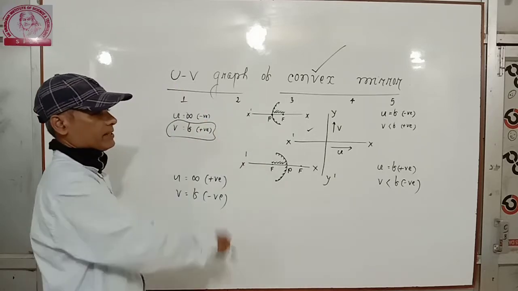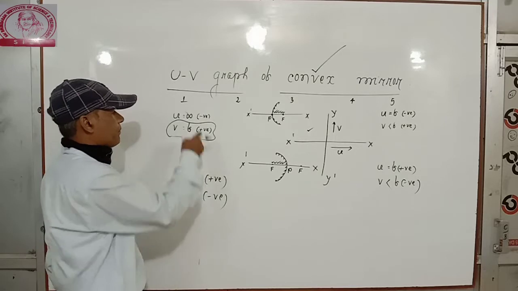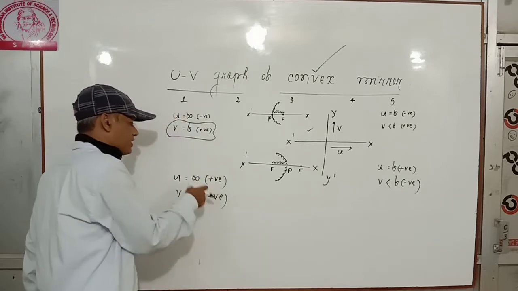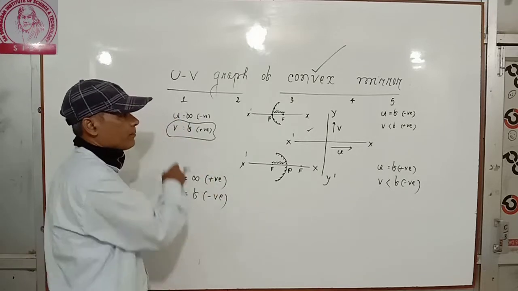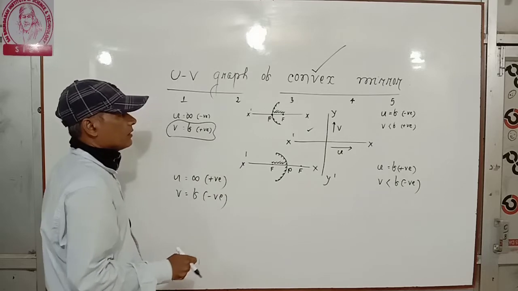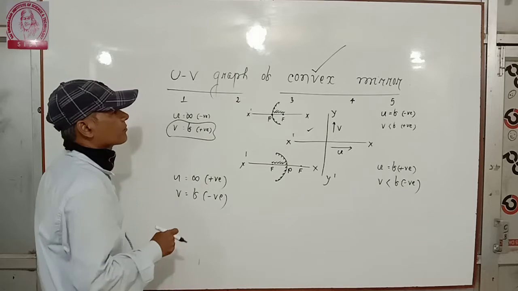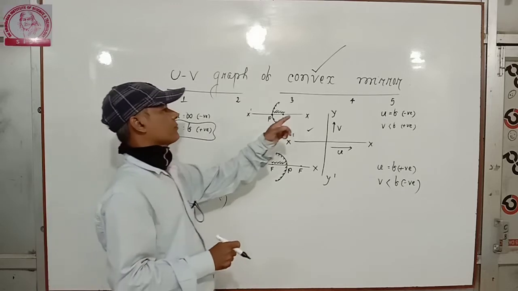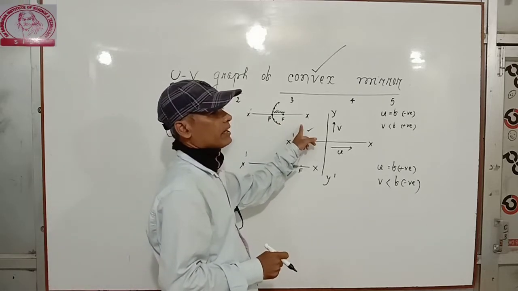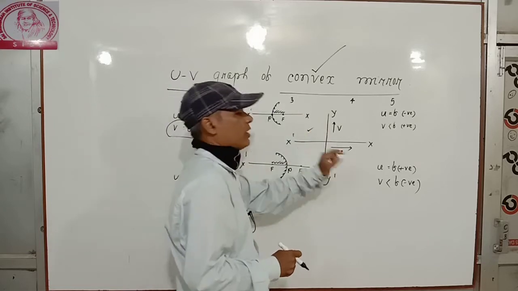But in this case, U is negative, V is positive, while U is positive, V is negative. So the graph is to be drawn in the second quadrant and fourth quadrant.